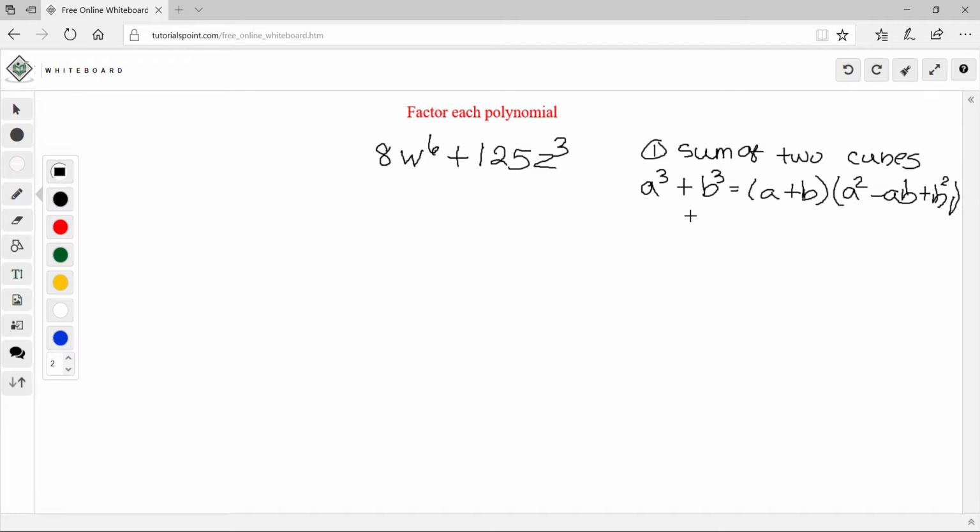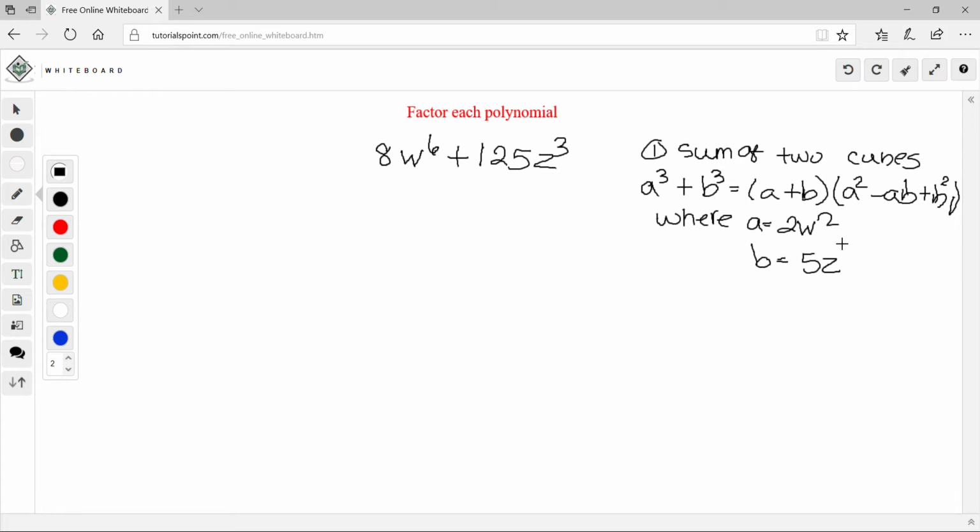Okay, so now we have to figure out what our a is and what our b is. So I'm going to say a equals 2w squared and b is 5z. Do you understand how I got 2w squared as our a?